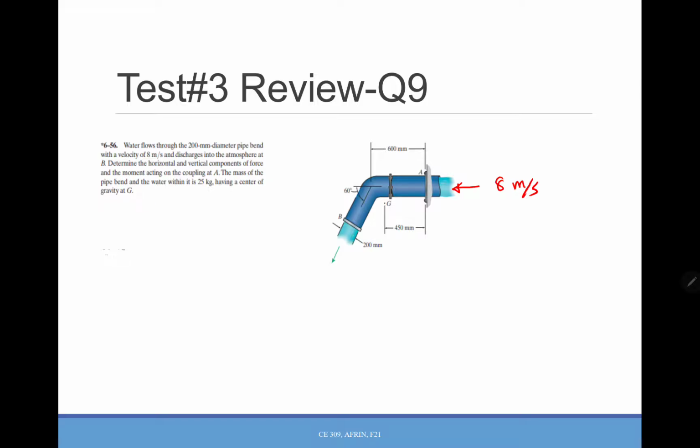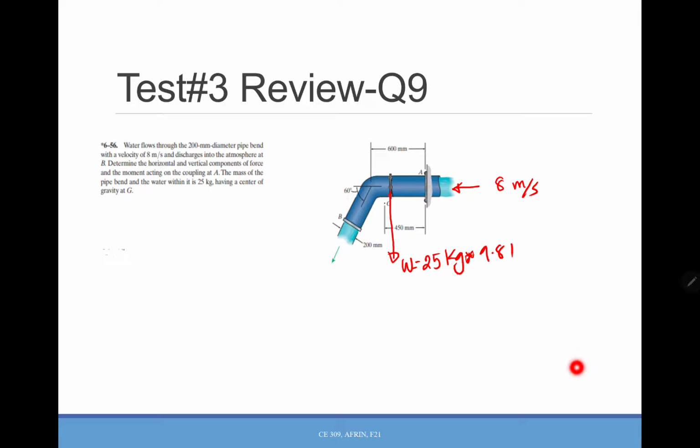Determine the horizontal and vertical component of the force and the moment acting on the coupling at A. The mass of the pipe bend and the water within it is 25 kg, having a center of gravity. Okay, here it's water, 25 kg, 9.81.